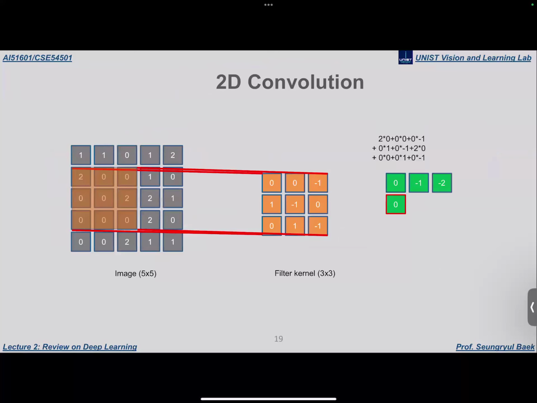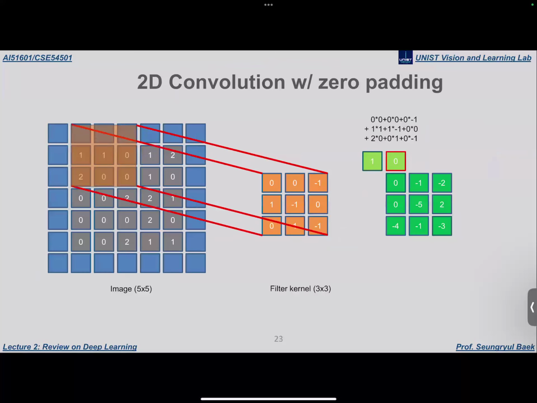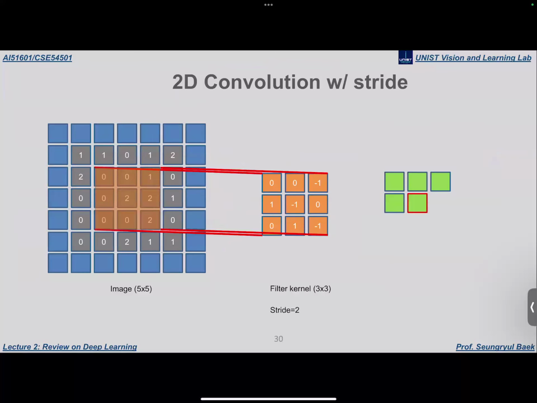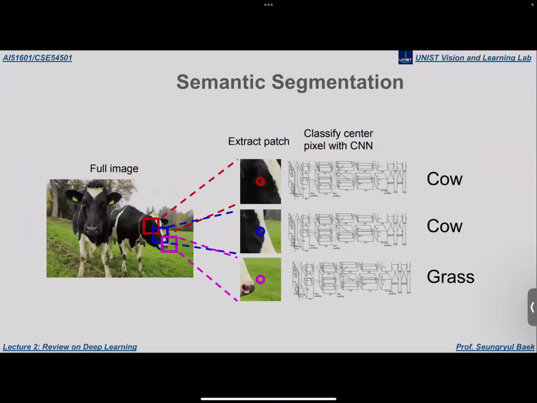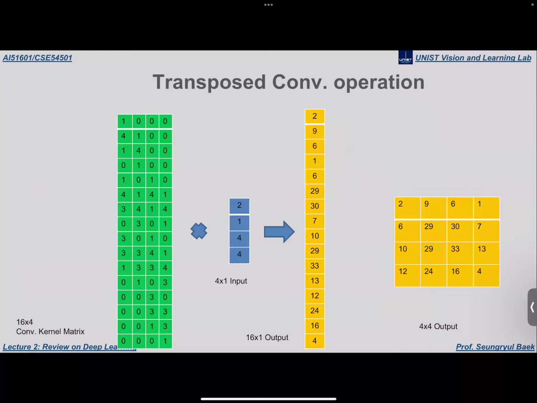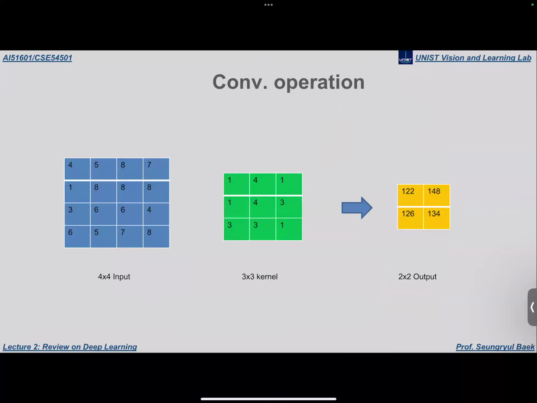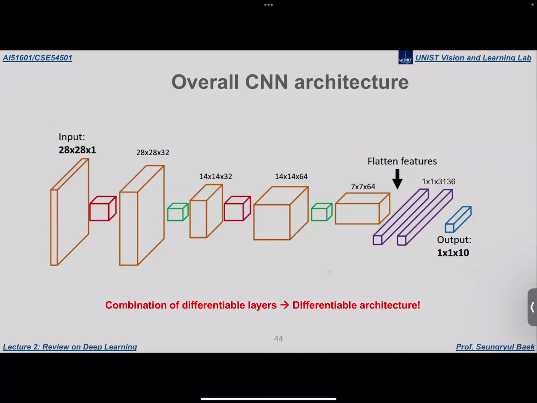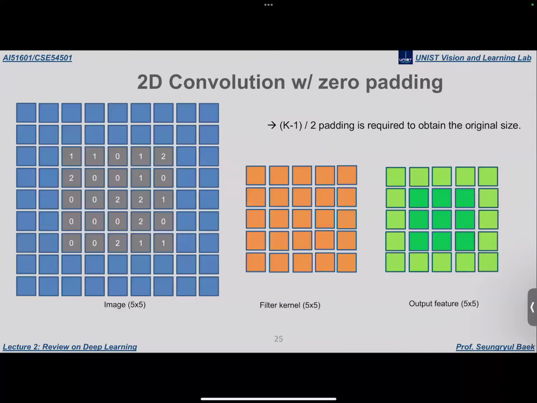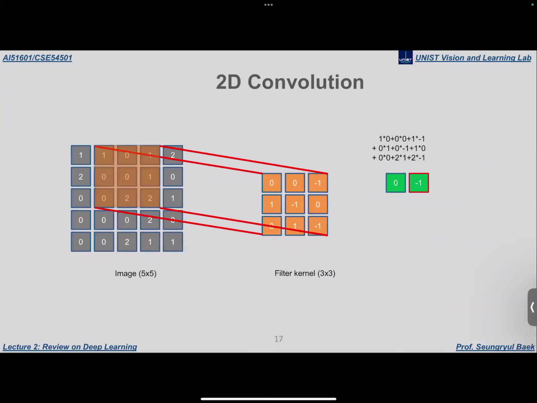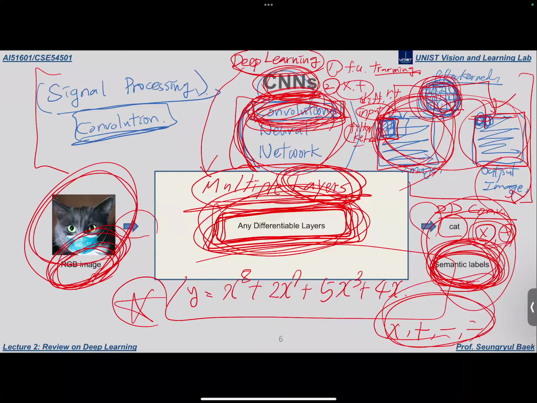And also we'll review the exact operations inside the convolution layers and exemplify the big, actual architectures in CNNs. I think the slides are a bit different. Anyways, okay. So from next class, I will explain this part again.